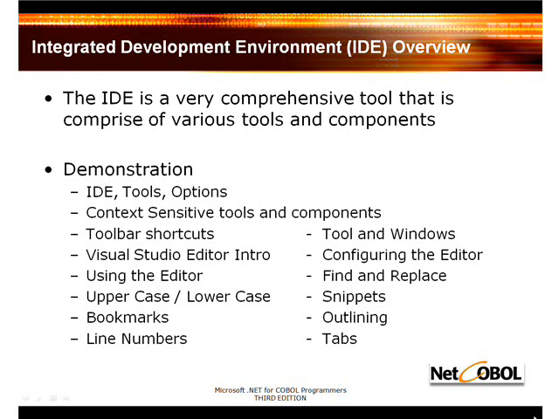We're going to walk through the IDE tools and options, context-sensitive tools and components, toolbar shortcuts, tools and windows, Visual Studio Editor intro, configuring the editor, using the editor, find and replace, uppercase and lowercase, bookmarks, outlining, line numbers, and then of course finally the tabs.